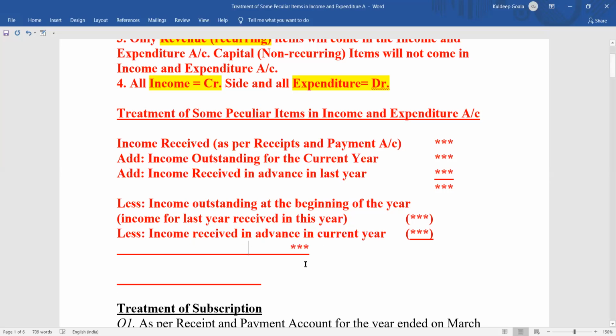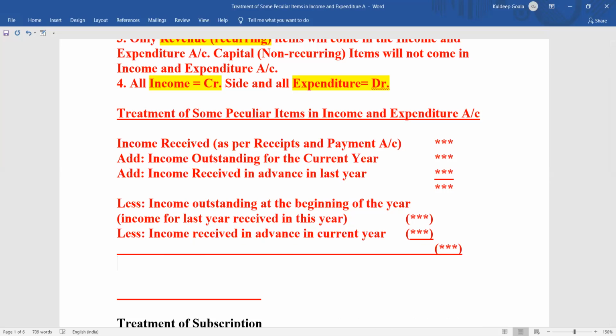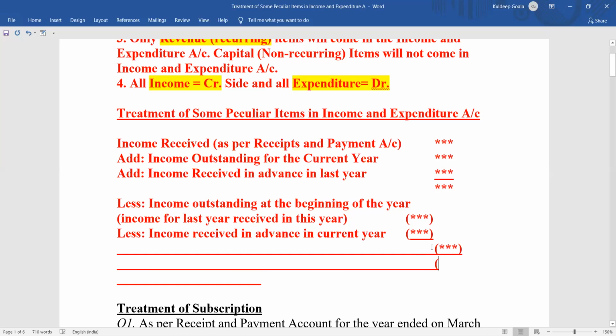Then the total will be coming here. That is a minus figure. Okay, that will be nothing but our subscription, total subscription for the current year.